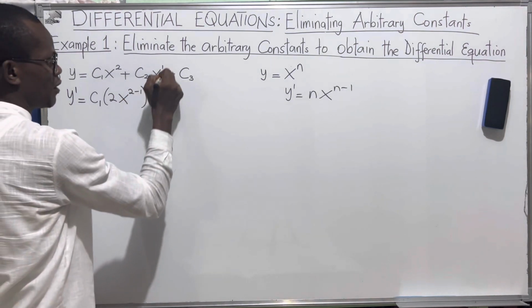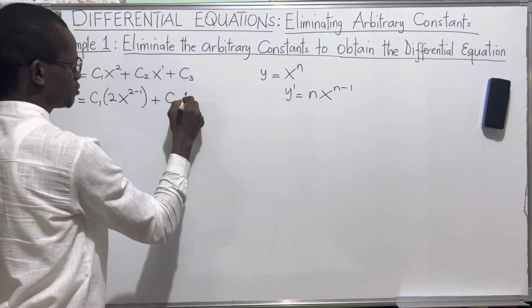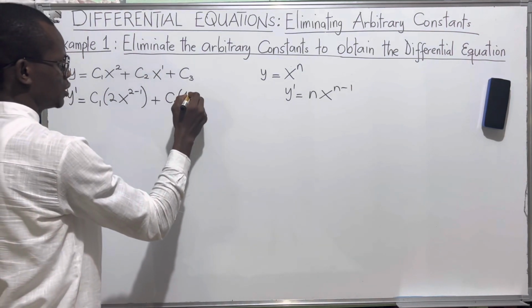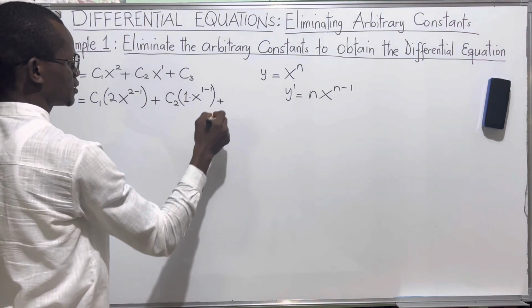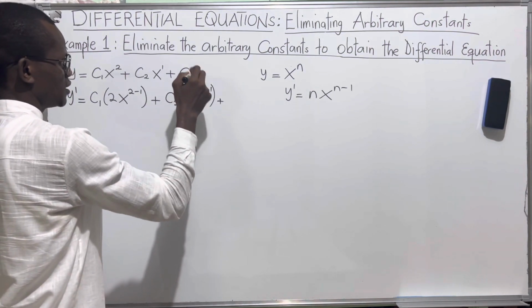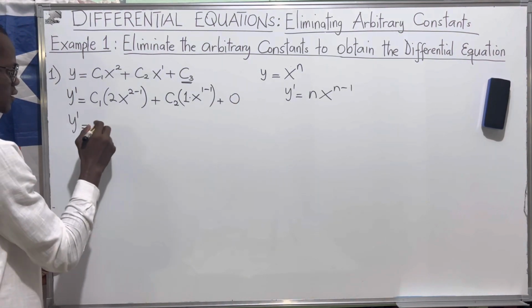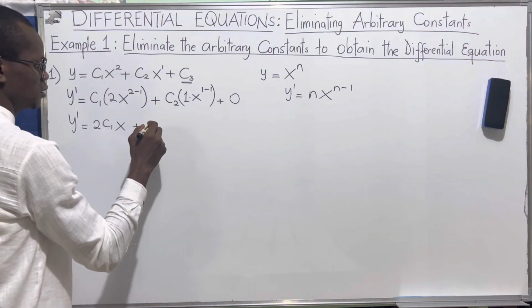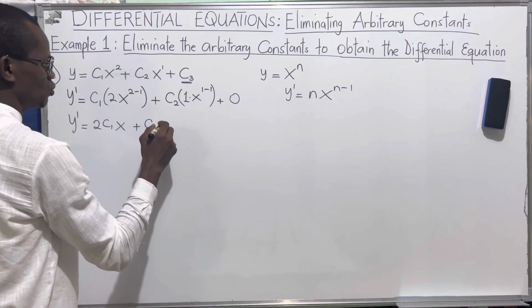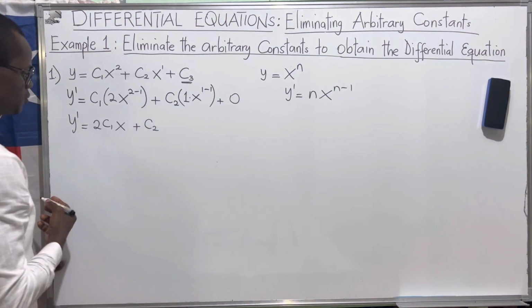Plus, now the power here is 1, so it's like saying 1 times c2, and then you have x raised to the power 1 minus 1, plus the derivative of a constant, which is equal to 0. So y prime now gave us 2c sub 1 x plus c sub 2. Now x raised to the power 0 is just 1, so it's just c sub 2.